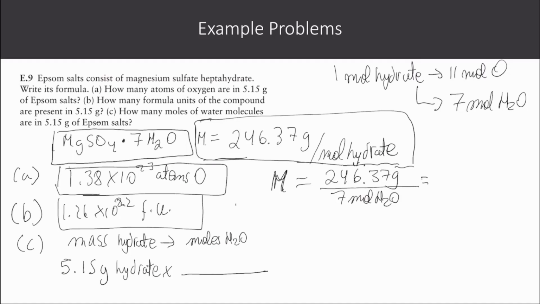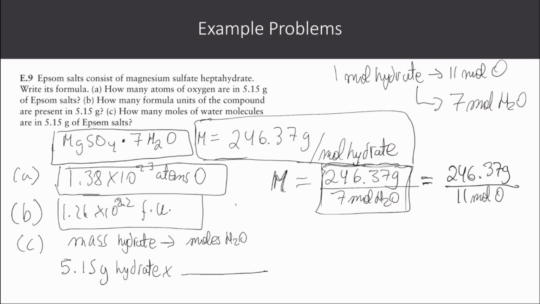We can also rewrite this as, for example, 246.37 grams for every 11 moles of oxygen. We can also rewrite this for every element that we have, so for example, for every 1 mole of sulfur or for every 1 mole of magnesium. But the conversion factor that we're interested in is the one here.